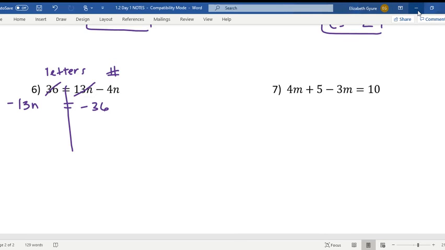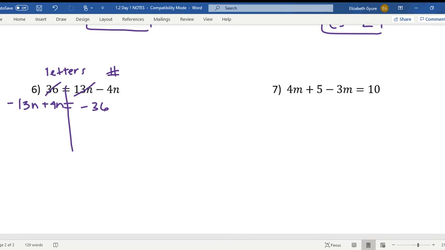All right, Mason might be stuck. Lynn, what do you think? The negative 4N. Are we going to leave it there or are we going to move it? We're going to move it and change it from a negative to a positive. Okay. Now let's combine our like terms.